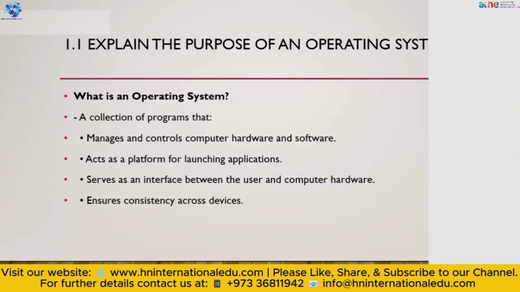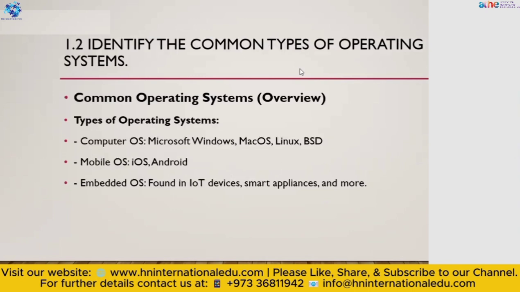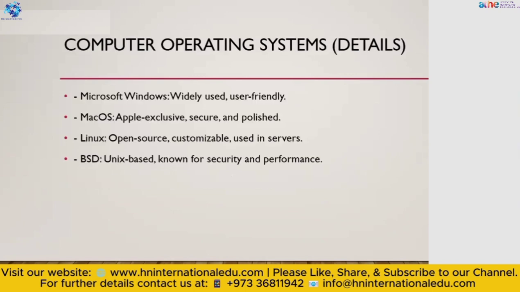Like if you want to use a keyboard and mouse, without an operating system you are not able to use them. So for everything, if you want to perform any task, launch or install different applications and software on your computer, and manage and control different software and hardware, you will do it by installing an operating system. There are other examples of operating systems in our computers, so we will see them one by one.